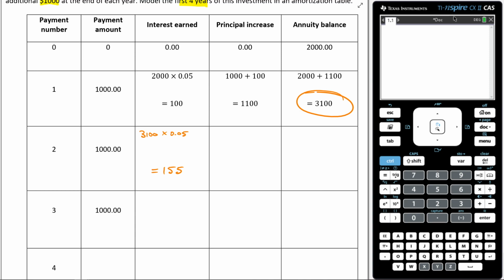Then, to figure out my principal increase, I take the payment amount that she's making each year and add it on to the interest that I'm earning, which takes me to 1,155 as my principal increase. So I take my previous balance, 3,100, and add on my principal increase of 1,155, and I end up with 4,255. Okay, then we repeat.